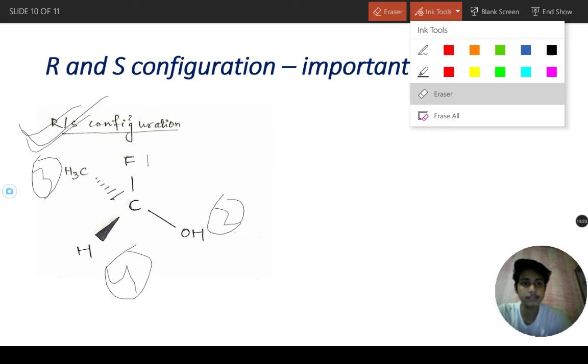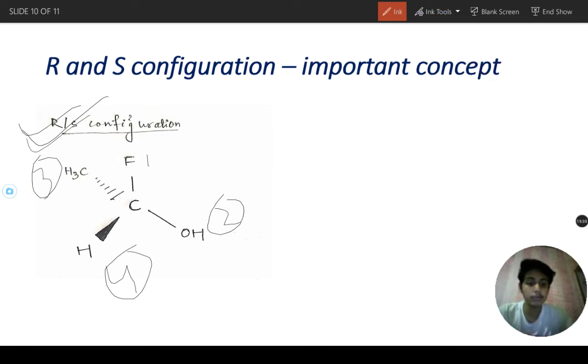Just see. If you take the hydrogen backside, write the carbon here, write the F here, take the carbon backside, just flip it. Here you can take the hydrogen, because hydrogen has gone back.